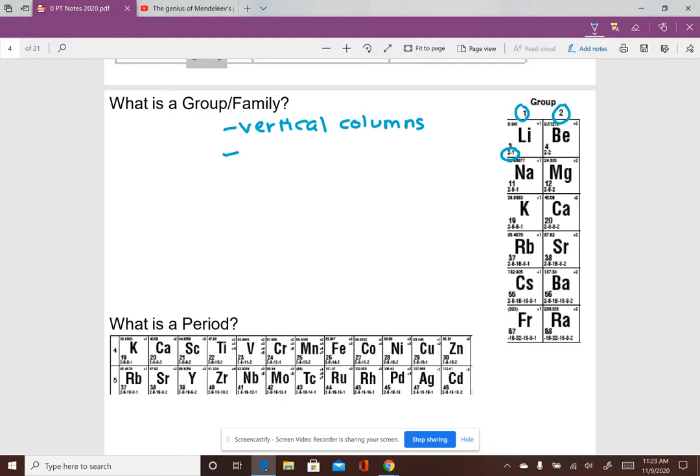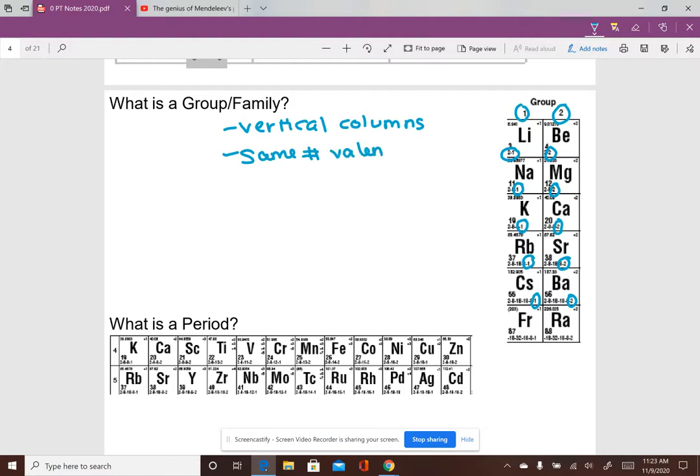So if I look down group 1, I notice that every electron configuration ends in the number 1. If I look down group 2, every electron configuration ends in the number 2. So if they're in the same group, that means that they have the same number of valence electrons.